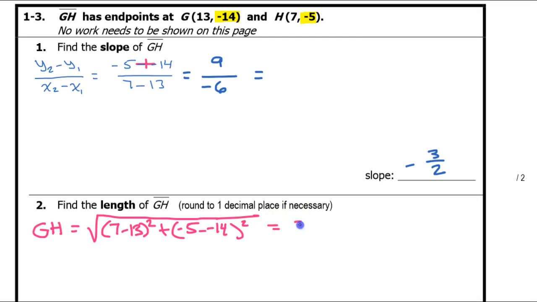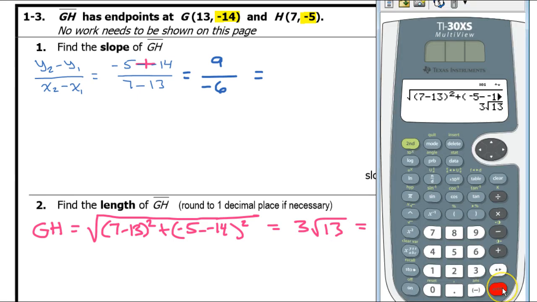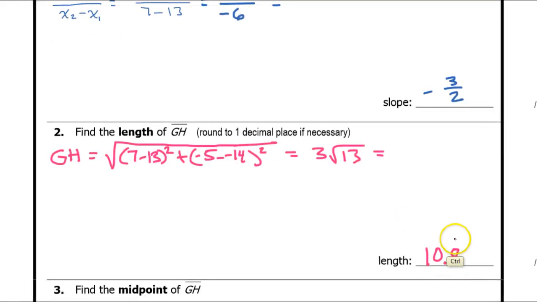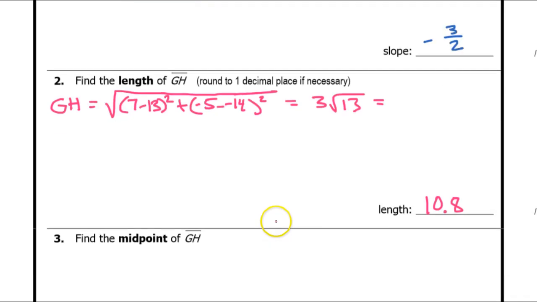Okay, so that's the 3 radical 13 I was getting before. If I hit the toggle key, I get the decimal 10.8, which of course is what we got by doing it the other way. So there's 2 different ways of finding the length.